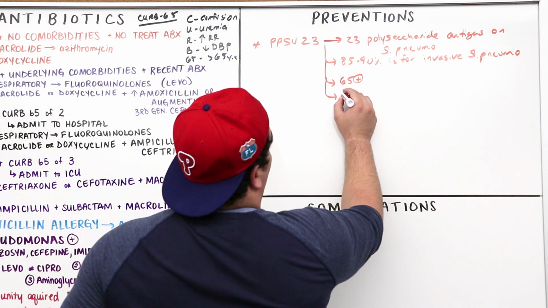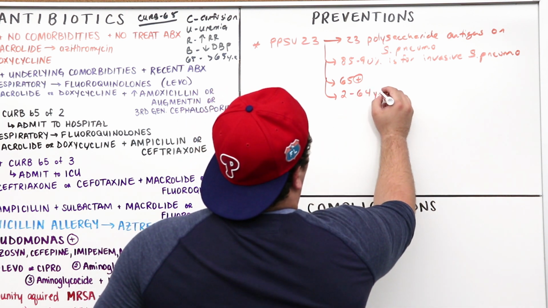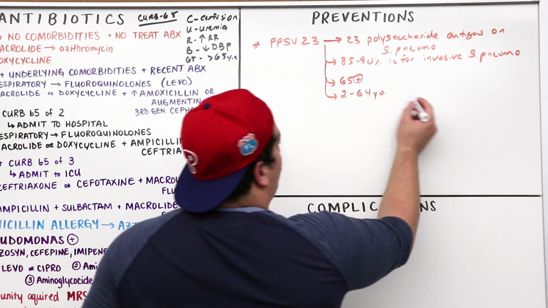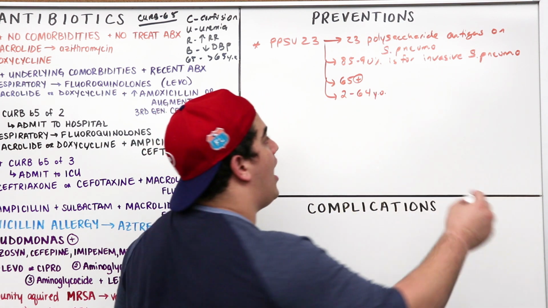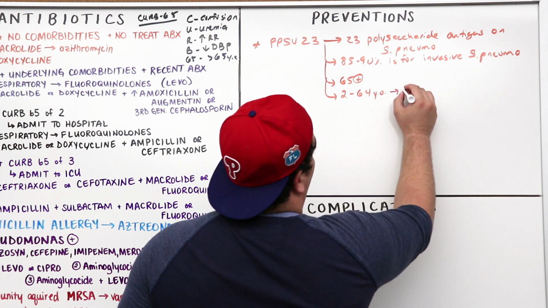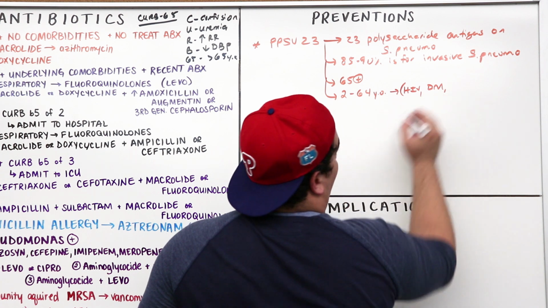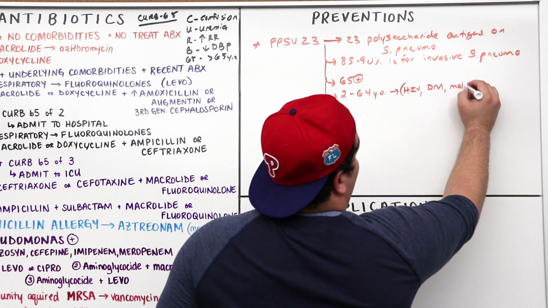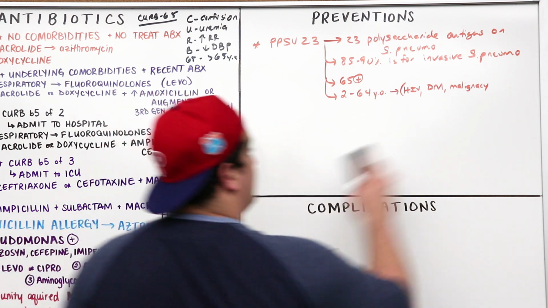Another situation is you could give this to patients from 2 to 64 years old. But if you're giving it to them, you usually give it because they have some underlying disease, like being immunocompromised. For example, maybe they have HIV. Maybe they have diabetes mellitus. Maybe they have a malignancy, right?